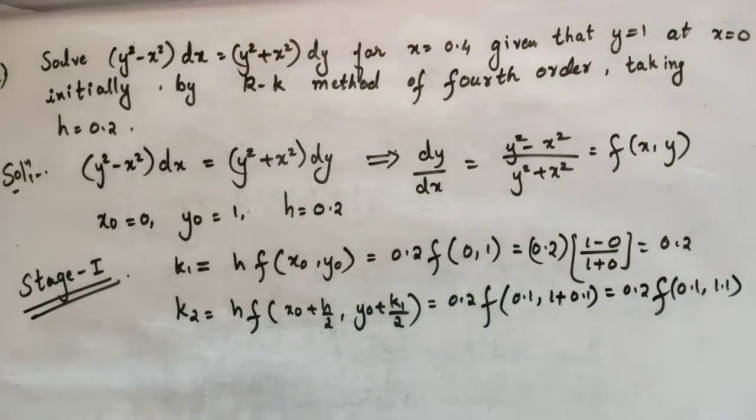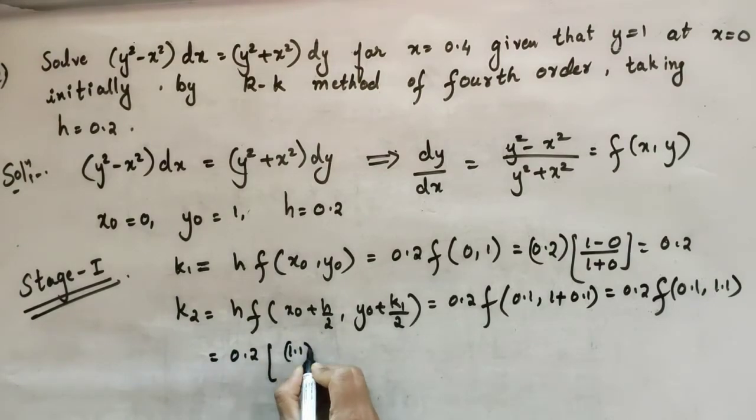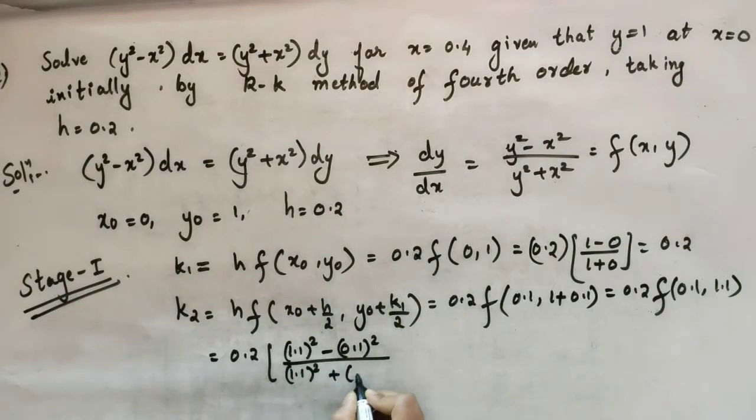Now use the definition of f of x, y. It is defined to be 1.1 square minus 0.1 square over 1.1 square plus 0.1 square. Put all the values in your calculator and try to simplify it.